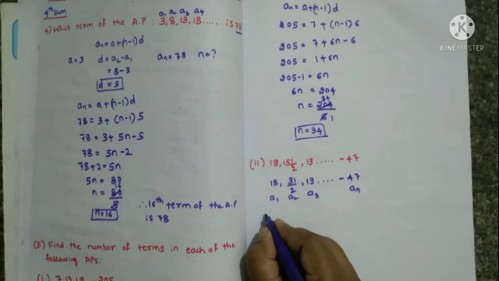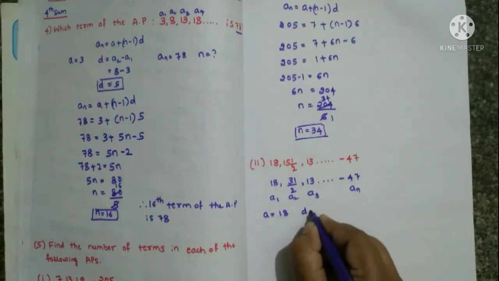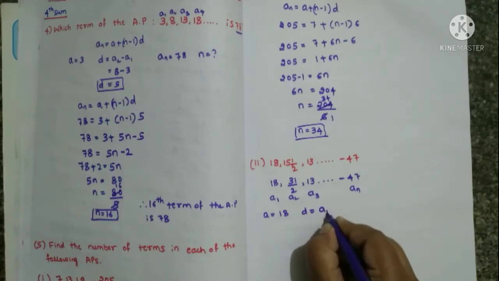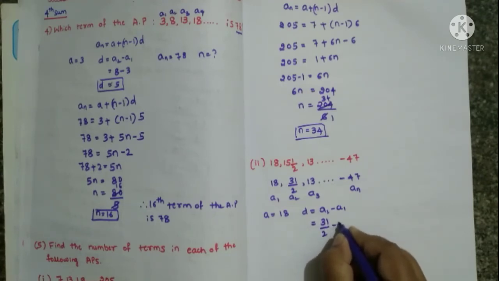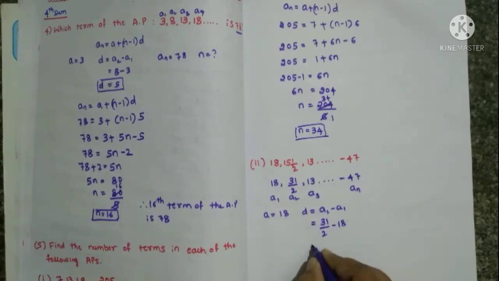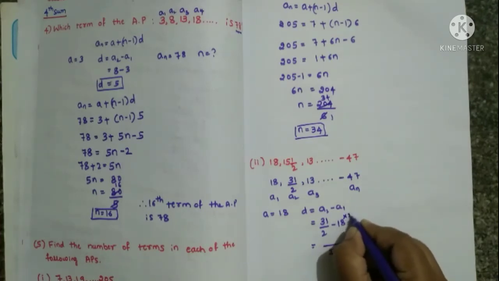So here what they have given, A they given as 18, D you have to find it. D how will you find it? A2 minus A1. A2 what we have here, 31 by 2 minus 18. You have to take the LCM. LCM is 2. Here I will multiply 2.